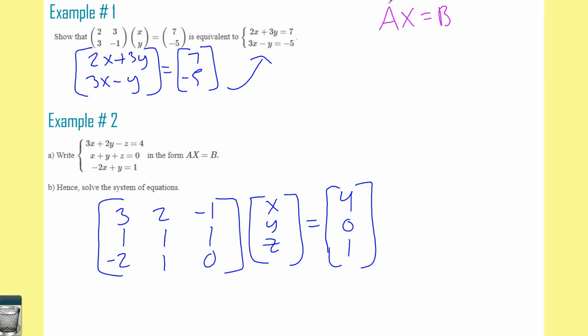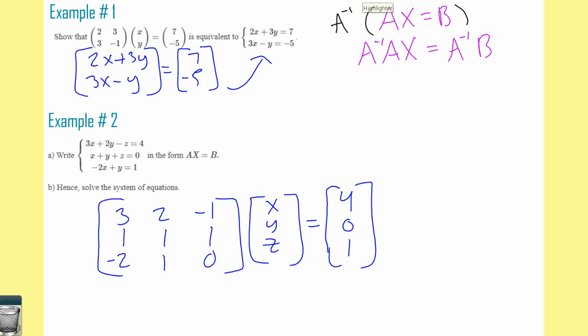So to multiply, what I'm going to do is multiply each side by the inverse of A. Because when I do that, I get the inverse of A times this equals the inverse of A times B. Notice how I'm writing it.